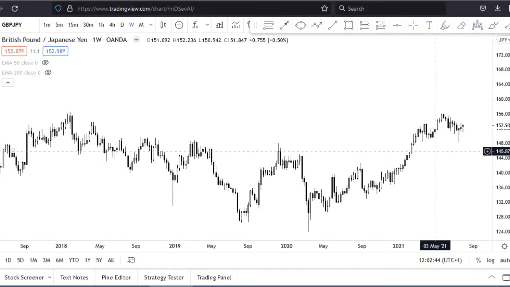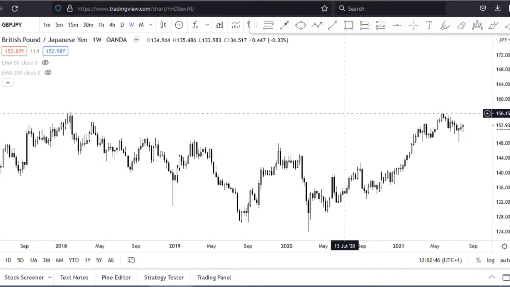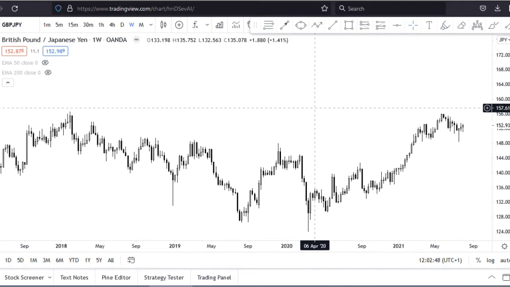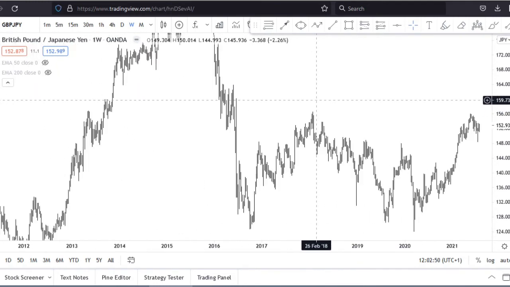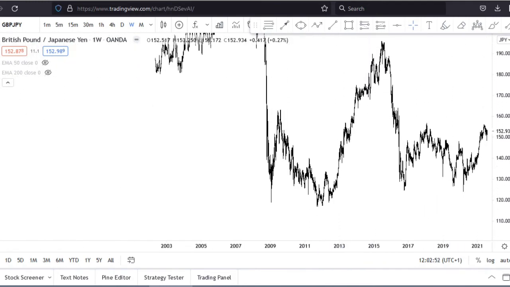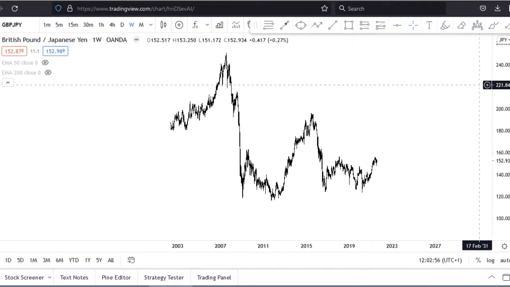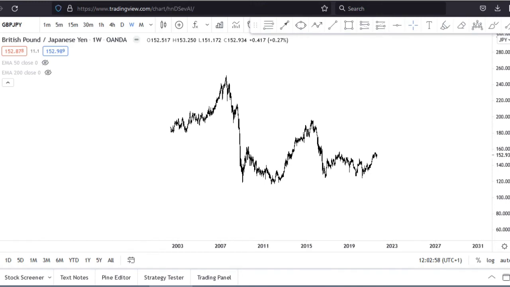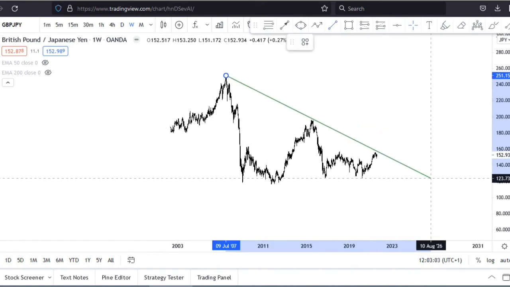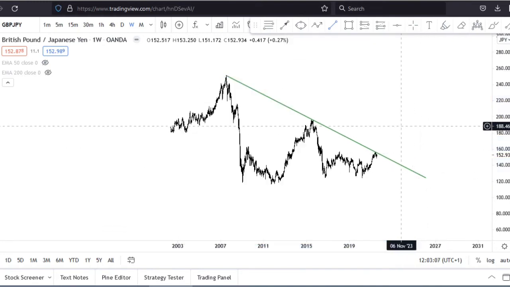Okay, so on the weekly time frame for GBP JPY, we can identify our levels of structure here. If we look closely at this, you can see that price is just around this trend line on the weekly time frame.